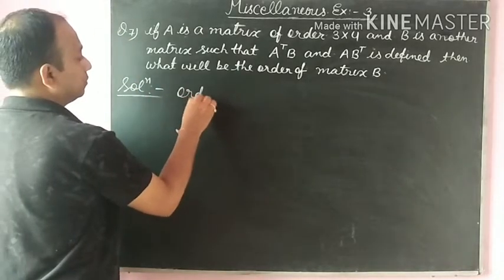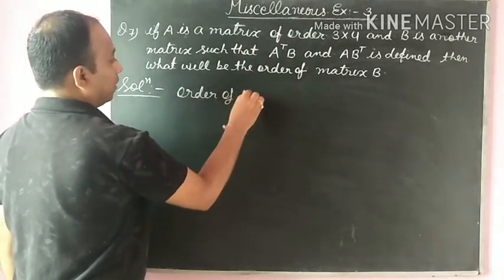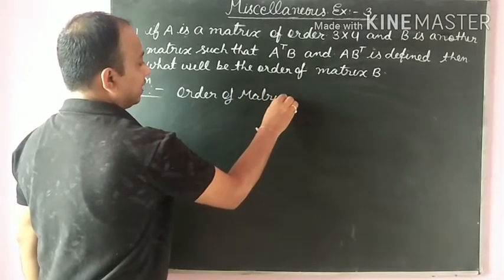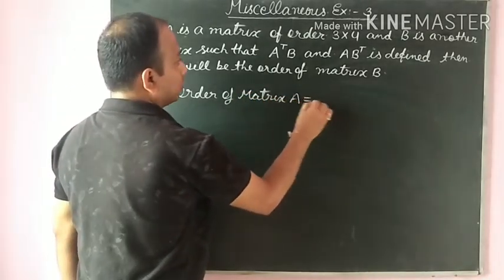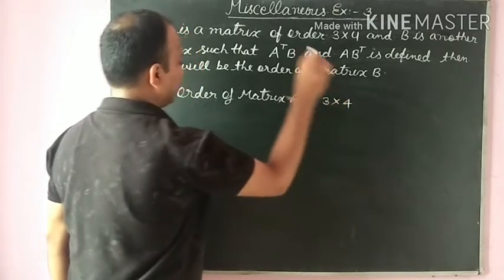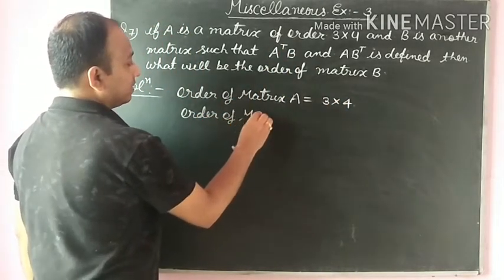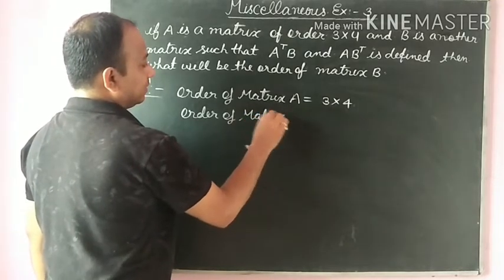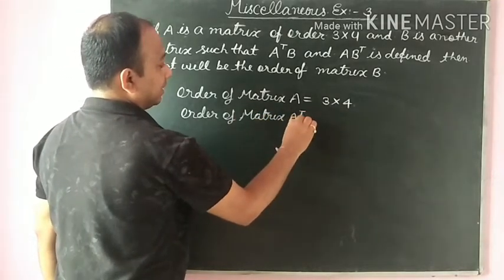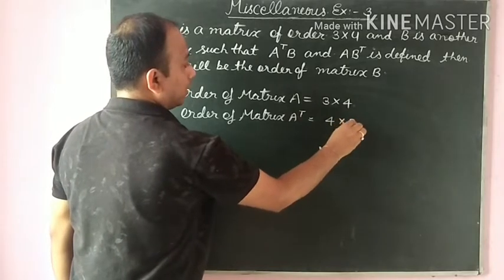Order of matrix A equals 3 by 4. Order of matrix AT is 4 by 3.